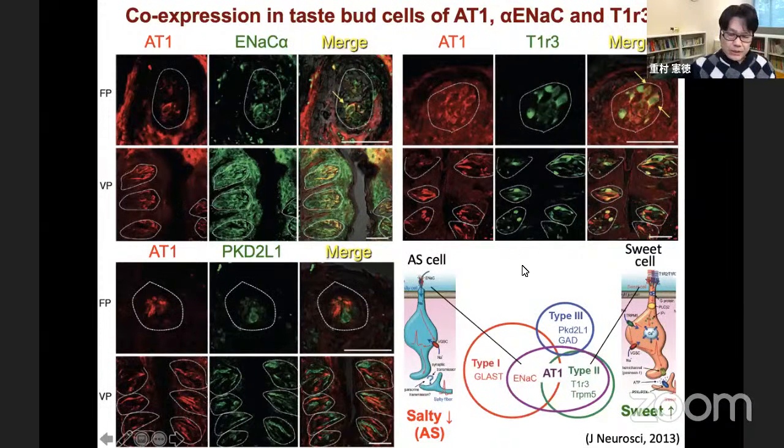It has been reported that basic taste receptors are expressed in different taste cell populations. Thus, angiotensin II induced salt and sweet taste modulation may occur independently through distinct taste cells expressing ENaC or T1R3.